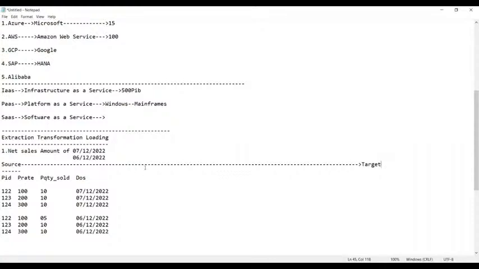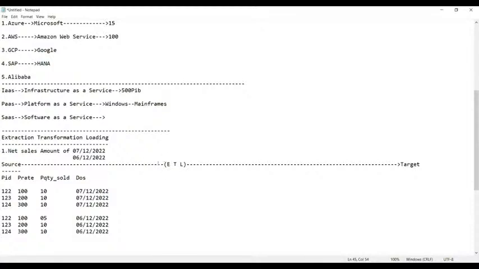Between the source and the target, we apply the process of ETL, which stands for extraction, transformation, and loading. Anyways, you know what is extraction, what is transformation, and what is loading. Now, guys, let us start the process of ETL. How does it work?